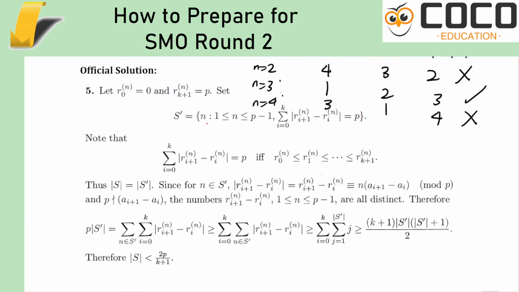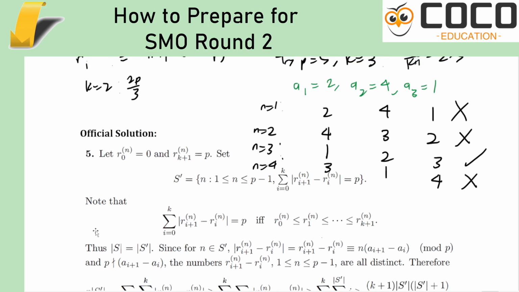S prime is the set of n such that for the sum down here, you get p. That kind of makes sense. If I am reading it right, this is the sum of differences being exactly equal to p, starting off with r1 minus r0. I'm going to ignore the n on top first, just for brevity. So it's a bunch of successive differences.